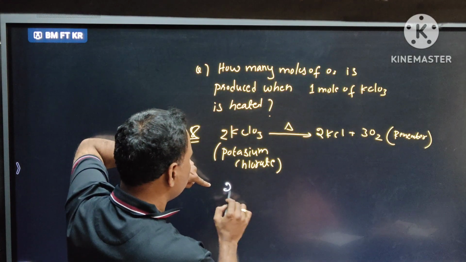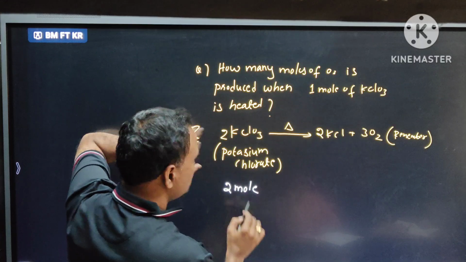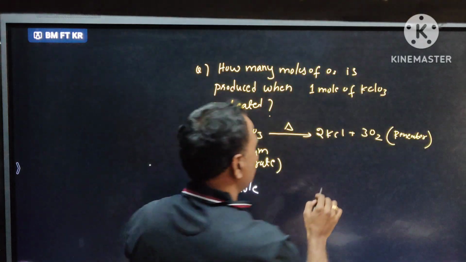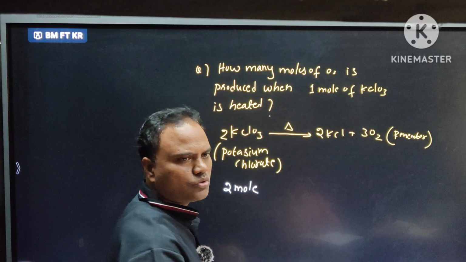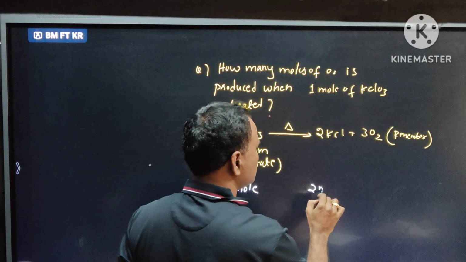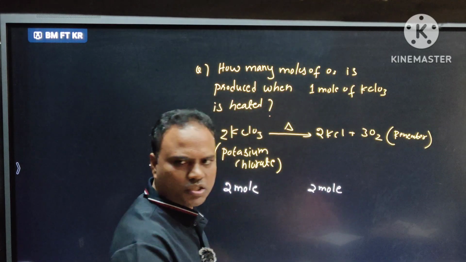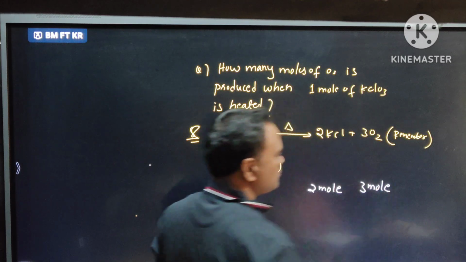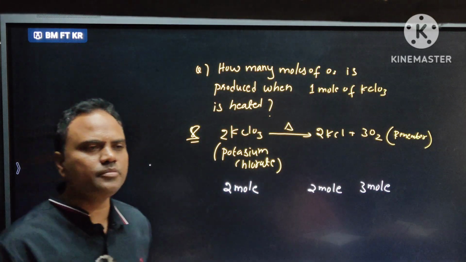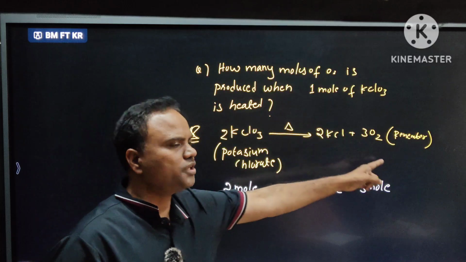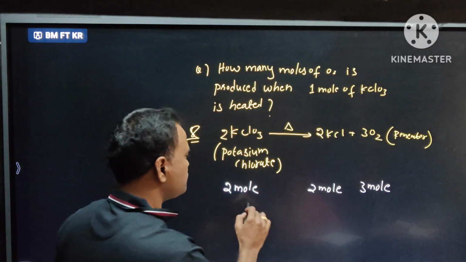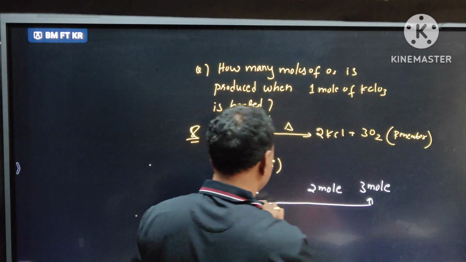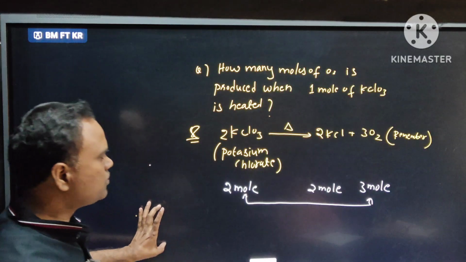How many moles of KClO3? 2 moles, this is the standard equation. And how many moles of KCl? 2 moles. And how many moles of O2 are produced? 3 moles. Now the question is related between KClO3 and O2. So take these two only. Ignore the other one.